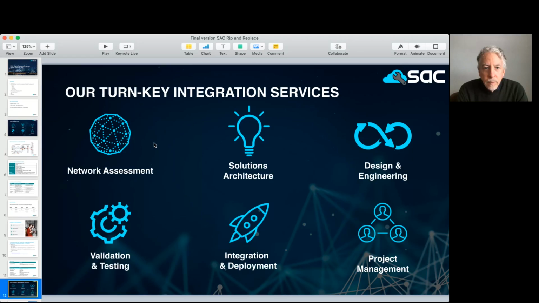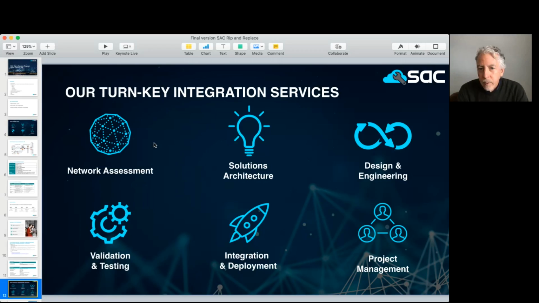So moving forward, we want to make it easy for companies to do this, and the focus here is going in, assessing your network, getting a good foundation. We'll architect a solution and or validate your architecture if you've filed and identified equipment already. Part of the network assessment and the architecture solution is, we're forward looking.